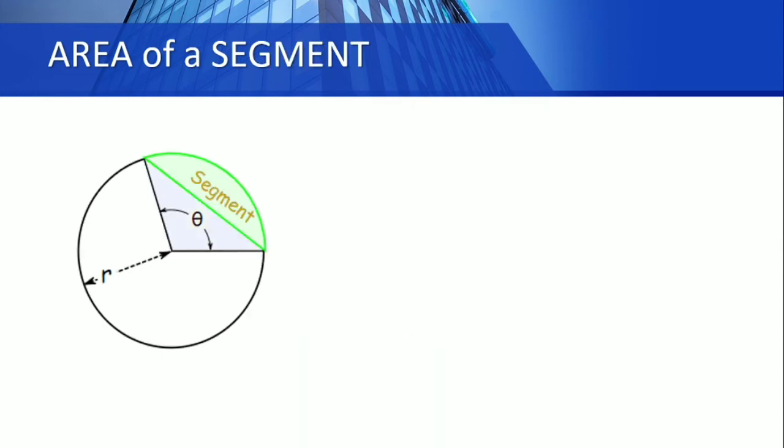So, meron naman tayong tinatawag na segment. So, area of a segment. So, area of a segment is equal to area of a sector minus area ng triangle. So, ito yung triangle natin. So, di ba yung sector natin is yung buo. So, para makuha natin yung area ng segment, so yung area ng sector minus yung area ng triangle.